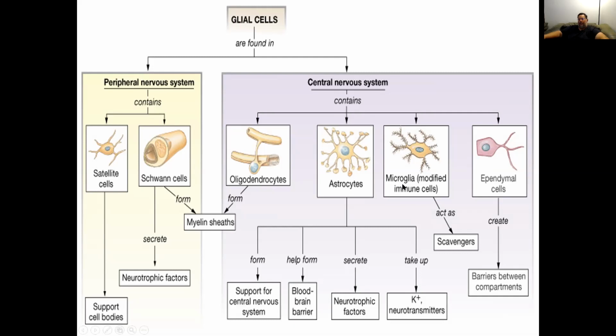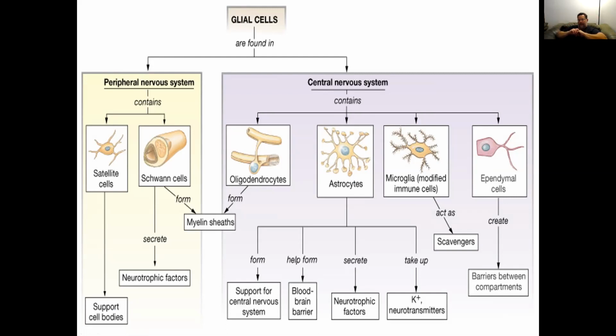We have microglia cells, which are part of the immune system and are scavengers, getting rid of nasty things that aren't supposed to be there. Astrocytes make the blood-brain barrier. They help brace the brain and nerve cells in regard to capillaries.